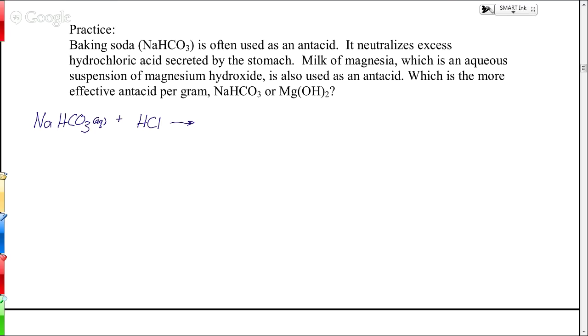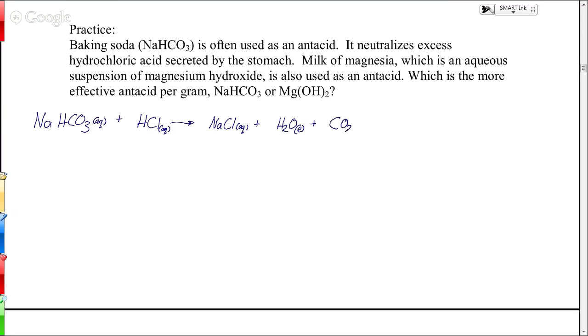And the products to this reaction are sodium chloride, NaCl, aqueous, water, liquid. Sorry, this is aqueous too.